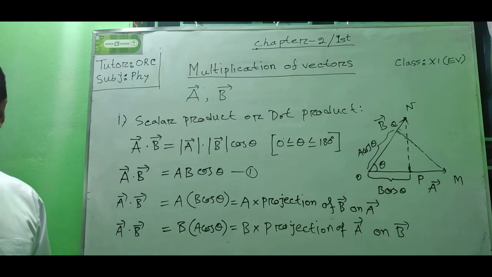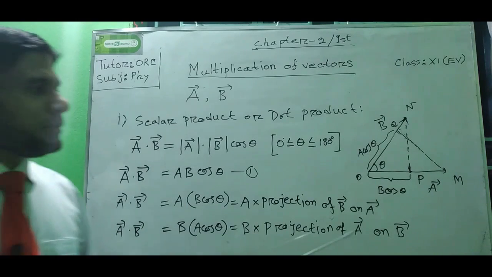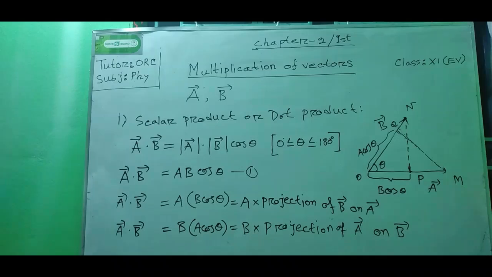A student may face this as an understanding-based type question, which consists of 2 marks. Explain that the scalar product can be expressed with the projection of two vectors. In this case, a student first of all must submit the definition of scalar product, then must draw this figure, and from this figure must explain from the first line to the last.